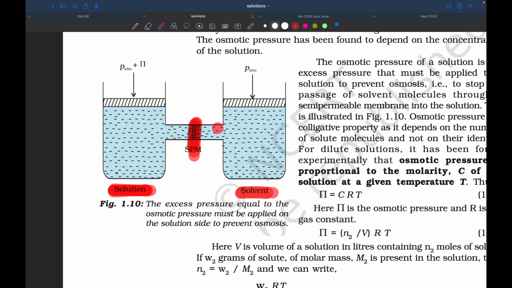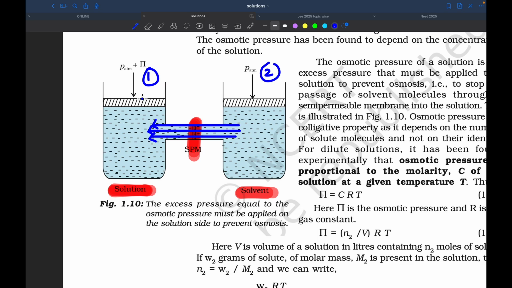So when the semi-permeable membrane is there, from where to where should the water flow? Assume that this is the first, this is the second one. So solvent particles move into the solution part, from here to here they move, right? So they move from here to here, they move like this, right?